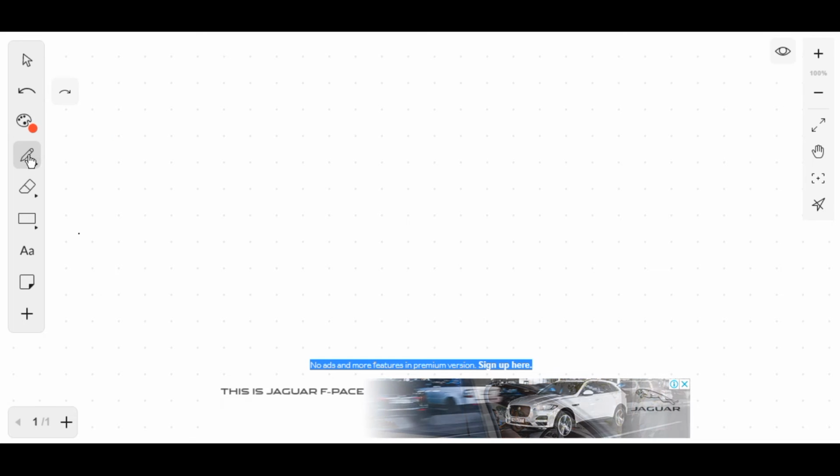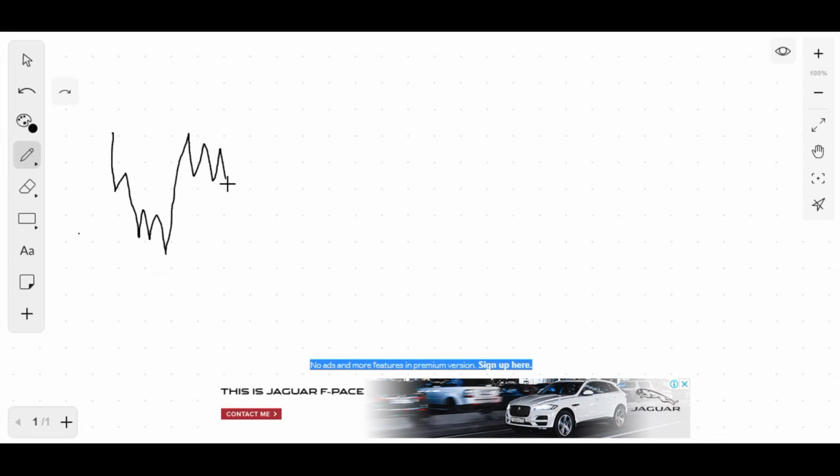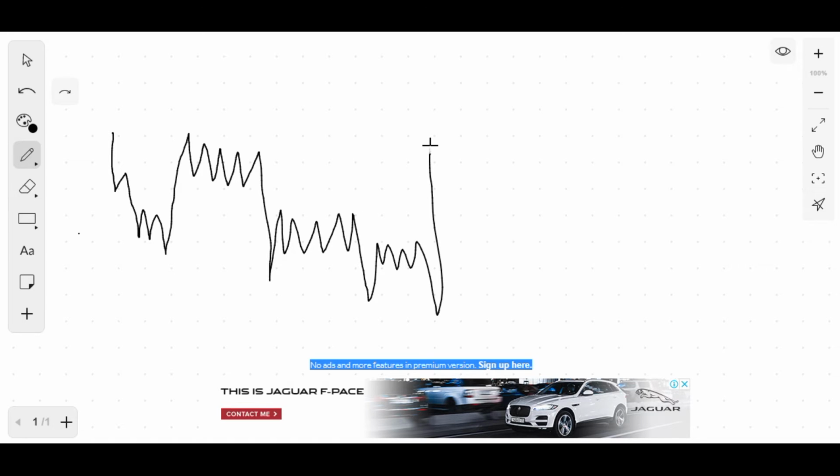So first of all, let's look at how price moves, or how the chart looks like. When you open your MT4, you are going to see something like this. This is how price moves.